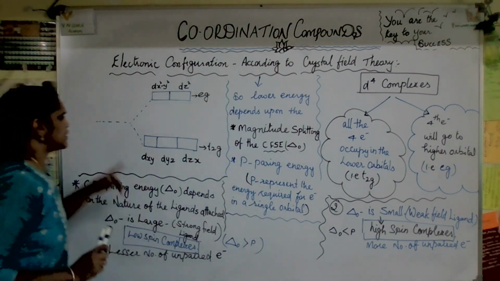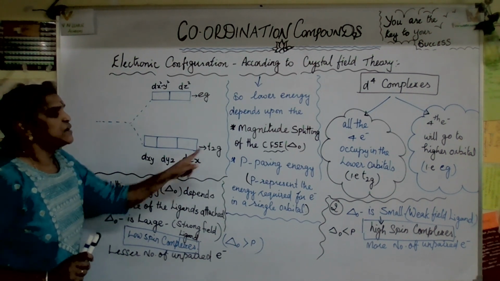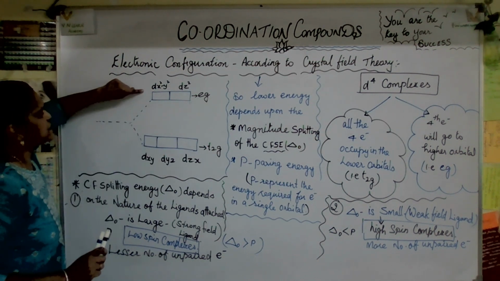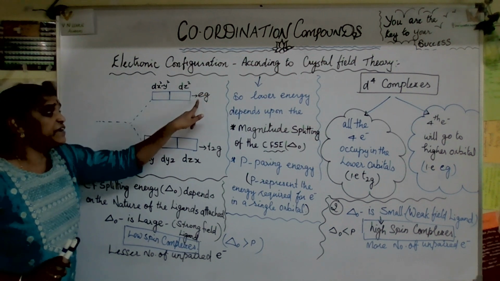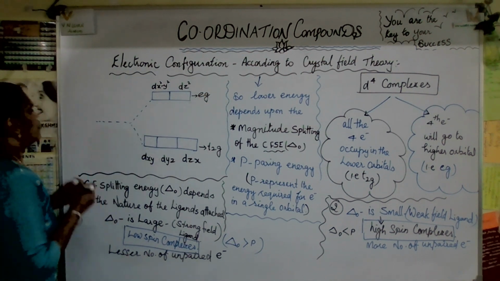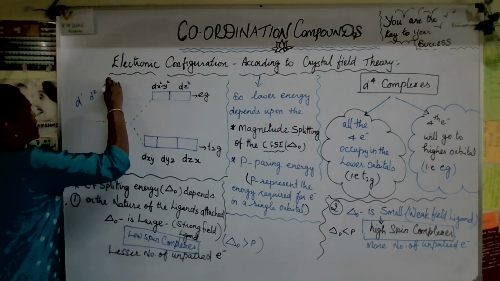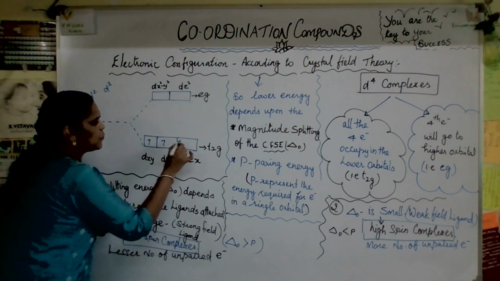So in that way we can identify low spin or high spin complexes. Depending upon the nature of the ligand only, the electron filling takes place. Come on, let us go. As mentioned here, dxy, dyz, dzx form T2g, the lower energy level, whereas dx square minus y square and dz square form Eg, the higher energy level. For example, for d1, d2, d3, the 3 electrons fill singly, 1, 1, 1.